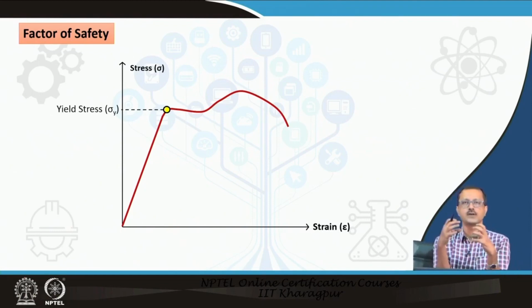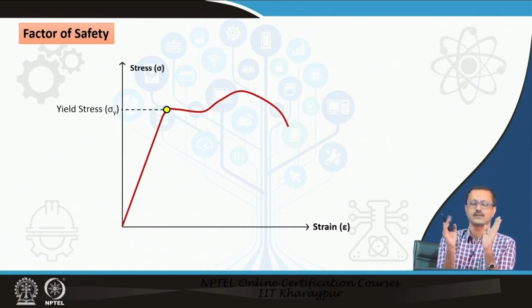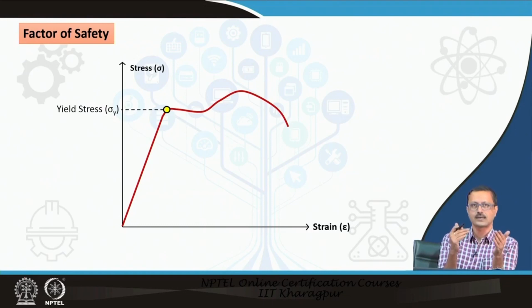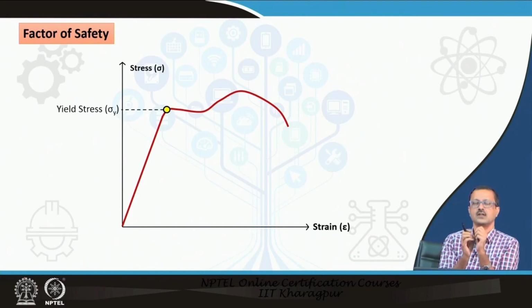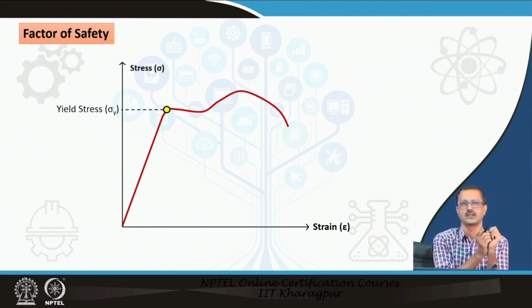So, we will load a particular structural element in such a way that it should not have stress beyond its yield stress. If it is more than yield stress, then the material will show plastic deformations, which will not be suitable for a structural component in the habitat area.